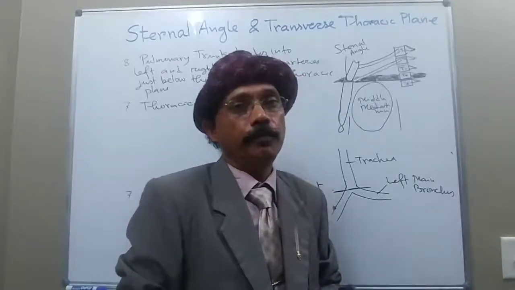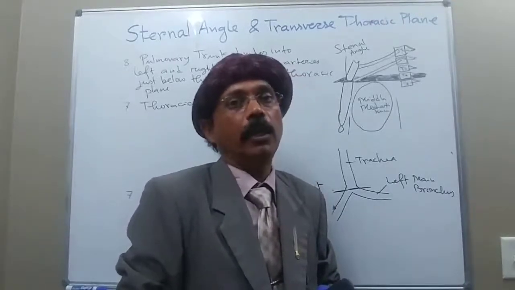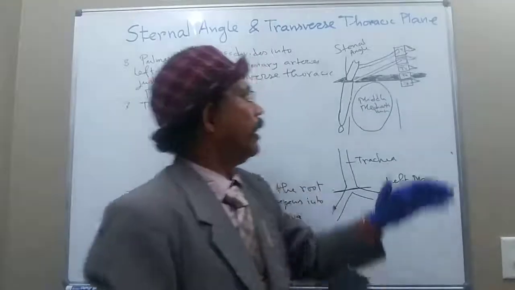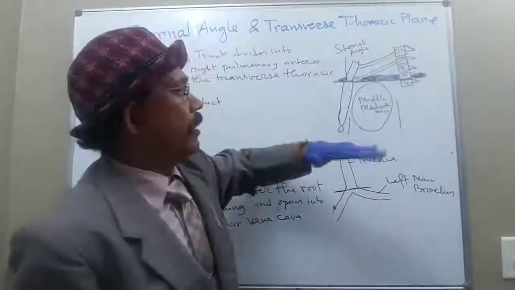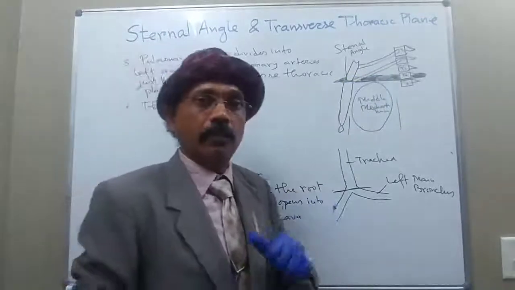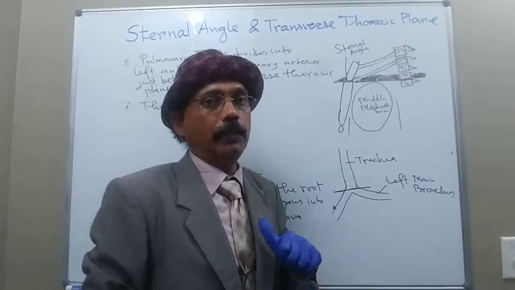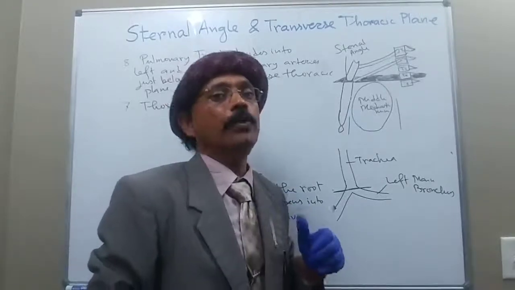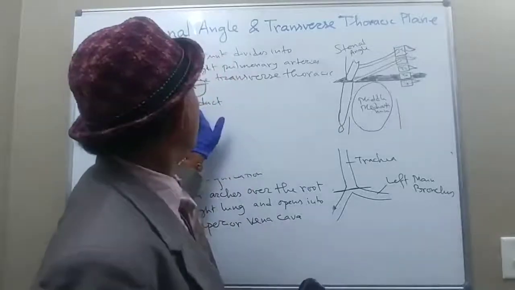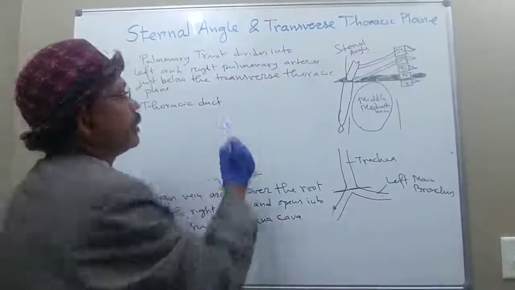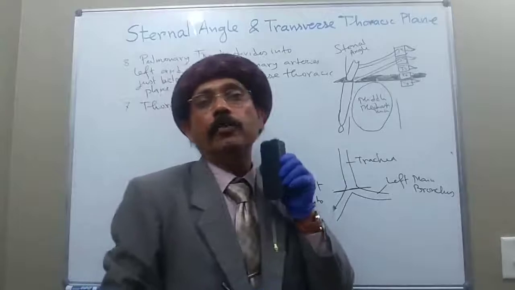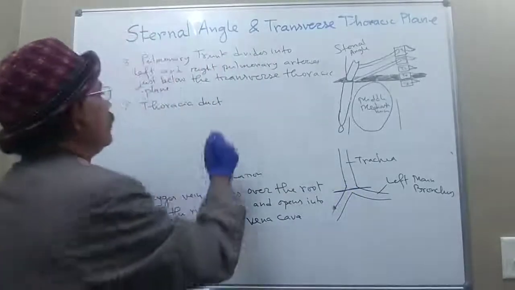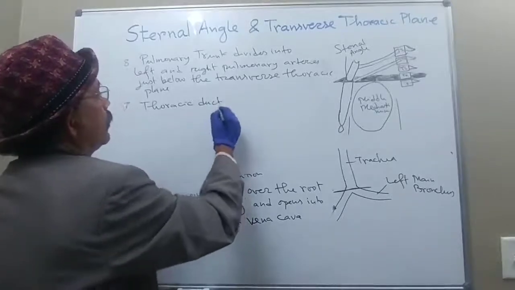Then it enters the thorax through the aortic opening of the diaphragm, a content of posterior mediastinum, and at this plane it turns from the right side towards the left side, and it ascends and it opens at the junction between the left internal jugular vein and left subclavian vein, in the left venous angle.